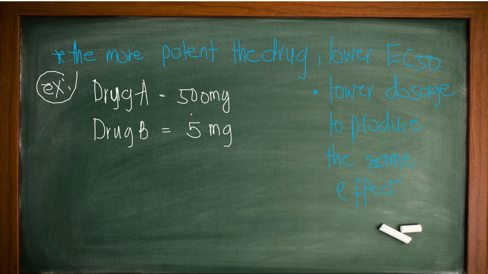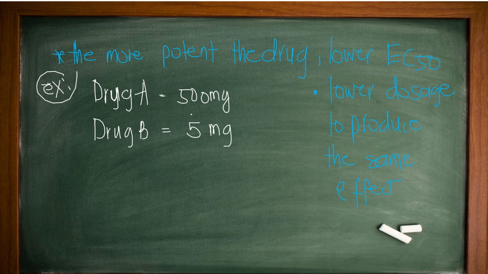So, alin dyan ang mas potent? Yung drug A na 500 milligrams o yung drug B na 5 milligrams? By applying the concept of your potency. I'll repeat, class. Potency refers to the amount, the dosage of drug.